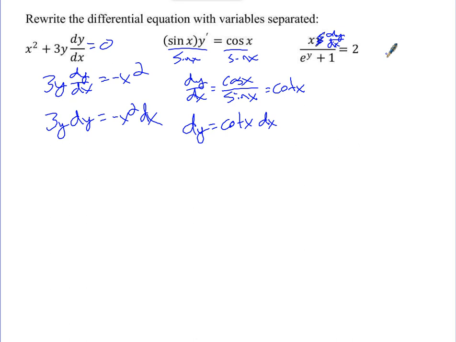The dx is the thing that has to go, which means the x is the thing that has to go. So I need to divide both sides by x. And when I do that, I have 1 over e to the y plus 1 dy over dx equals 2 over x. And now I can just move the dx over. 1 over e to the y plus 1 dy equals 2 over x dx.